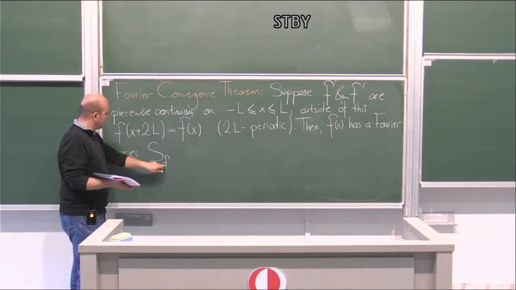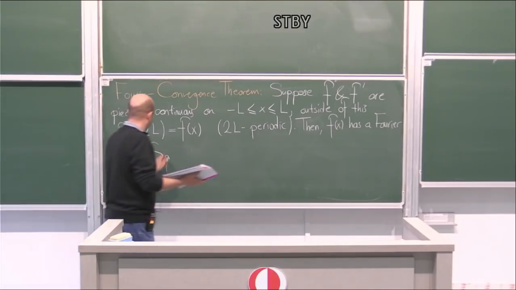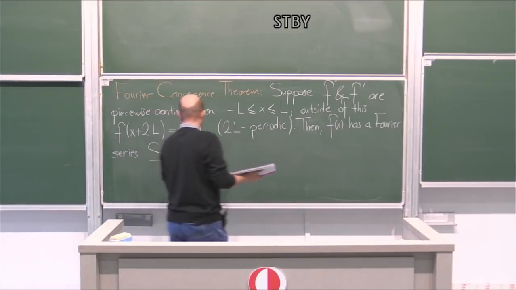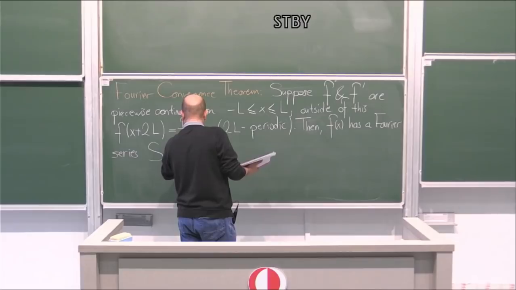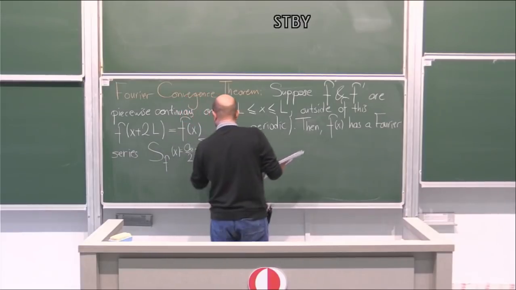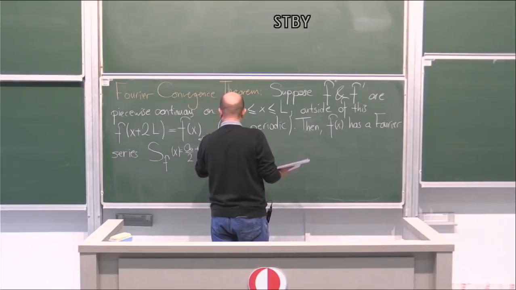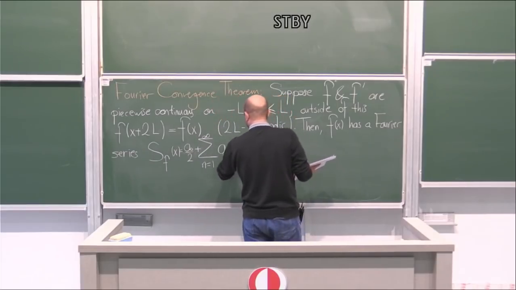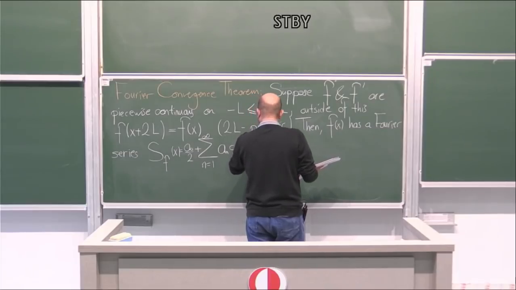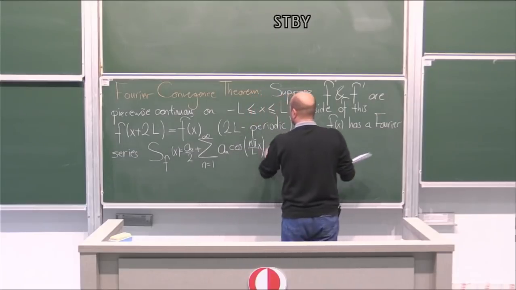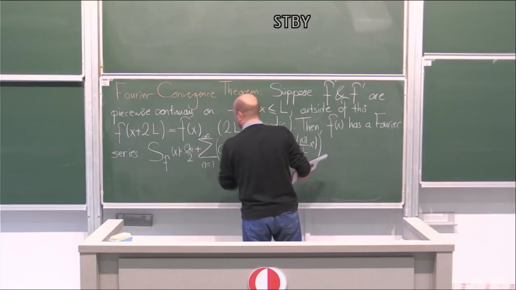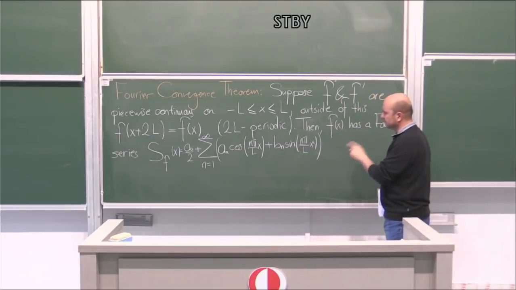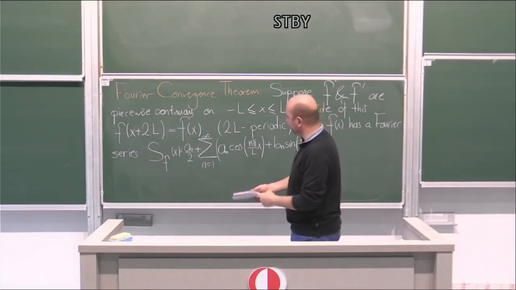So you can think Fourier series of the function f, which is equal to a0 over 2 plus the sum from n equals 1 to infinity of a n cosine n pi over L x plus b n sine n pi over L x. Okay, so it has a Fourier series of the following form.